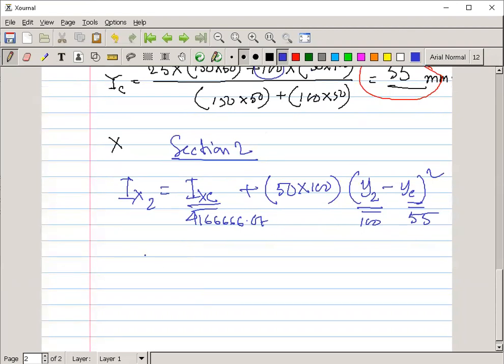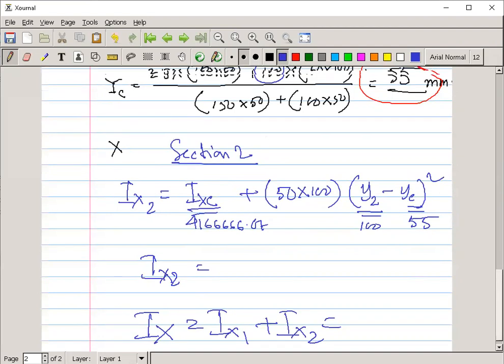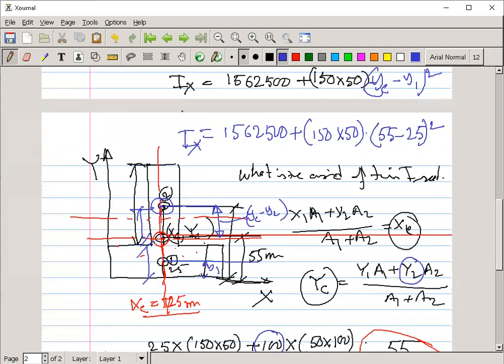Same thing we have to put, so we can get finally I of x2. So finally, I of x is nothing but I of x1 plus I of x2. We have to add these two.